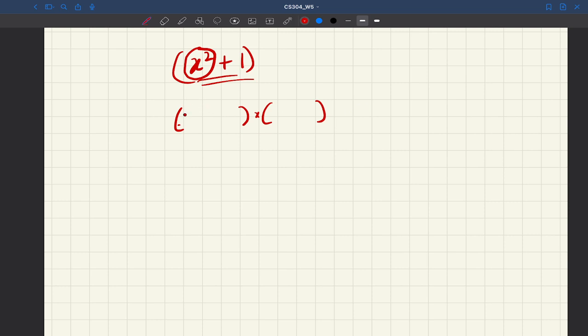So 1x must appear in each of the polynomials, so that their multiplication will yield x square. Also, I need 1 in the result. So how can we make 1 appear by the multiplication of two polynomials? Here should be 1, and here should also be a 1. So by multiplication of 1, I'll get 1 here also. But apart from these two, I'll get some different term also.